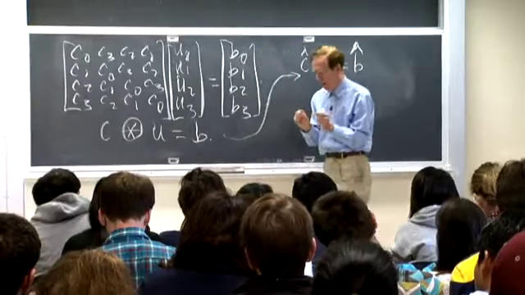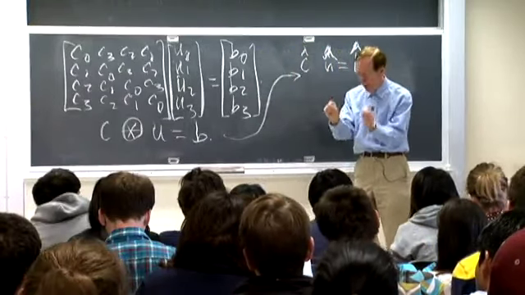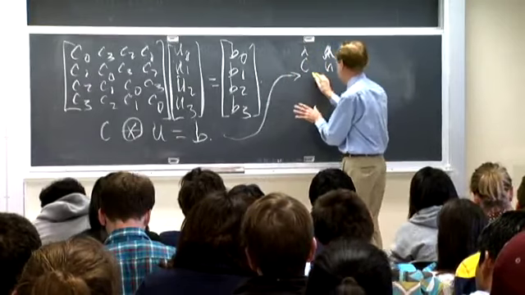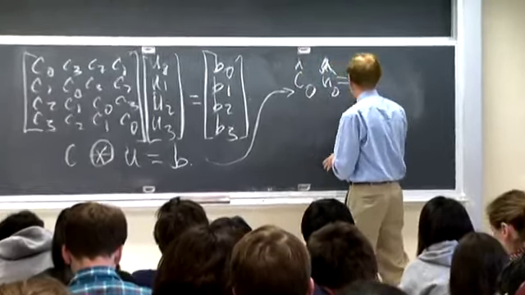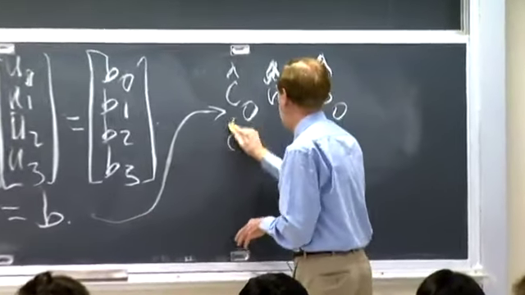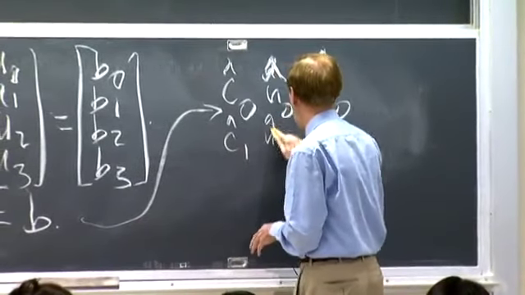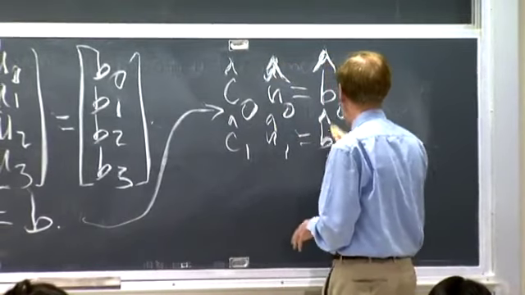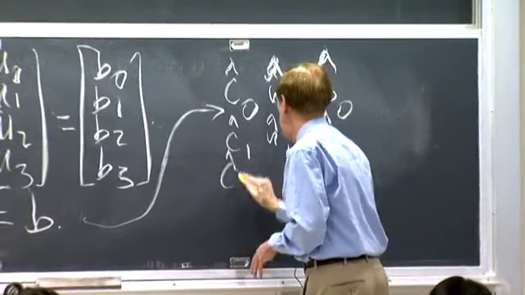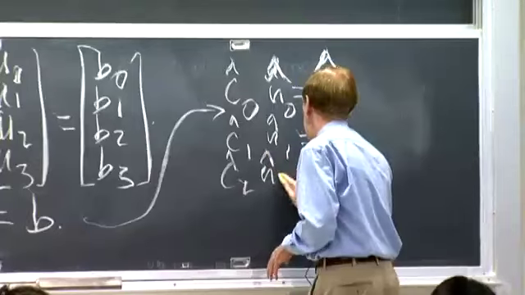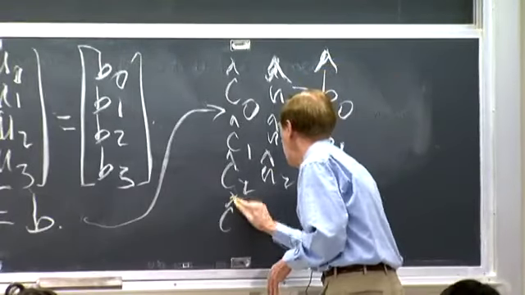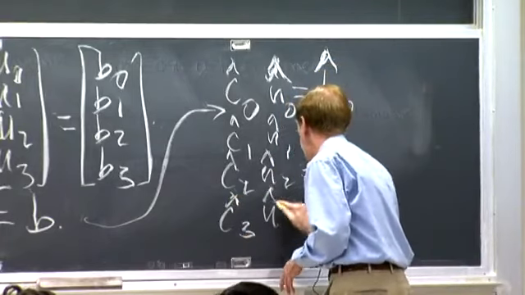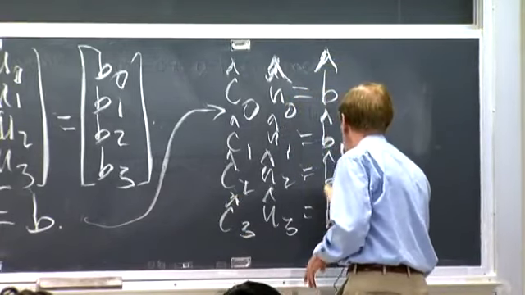What's the multiplication in frequency space? It's component by component. C hat 0, U hat 0 equals B hat 0. C hat 1, U hat 1 equals B hat 1. C hat 2, U hat 2 equals B hat 2. And finally, C hat 3, U hat 3 equals B hat 3.